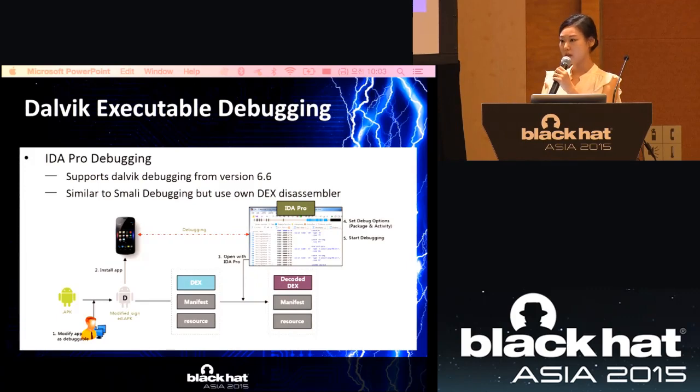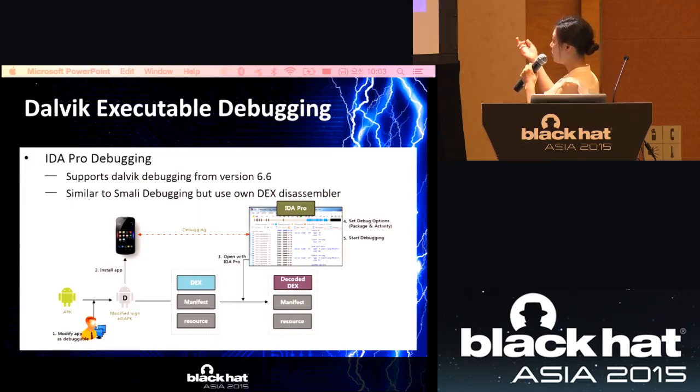To do that, they use APK tool to disassemble, build, and sign all over again. They can also just open the APK file from IDA Pro, and IDA Pro gives a list of files in the APK file, and they can select the classes.dex file.